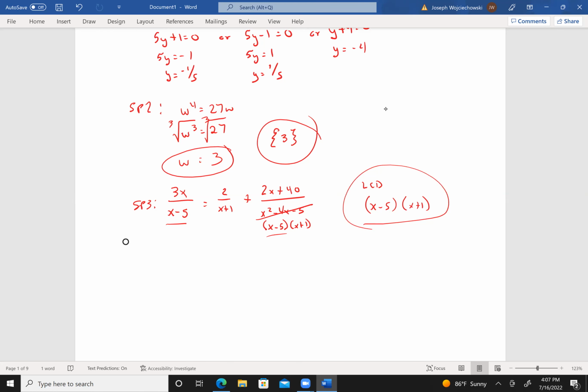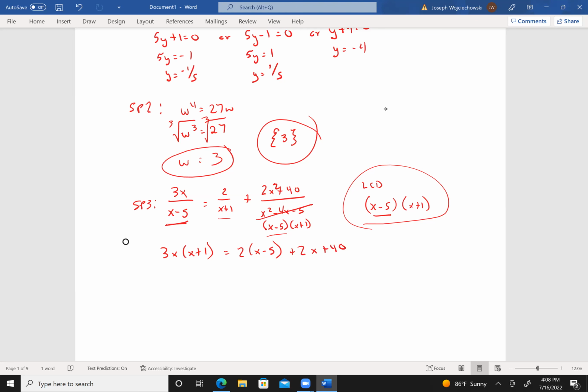So if I multiply both sides by it, here the x minus 5's cancel out, and I get 3x times x plus 1. Here the x plus 1's cancel out, and I get 2 times x minus 5. And here they both cancel out, so I get plus 2x plus 40.